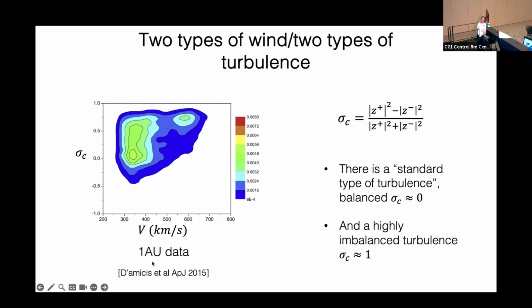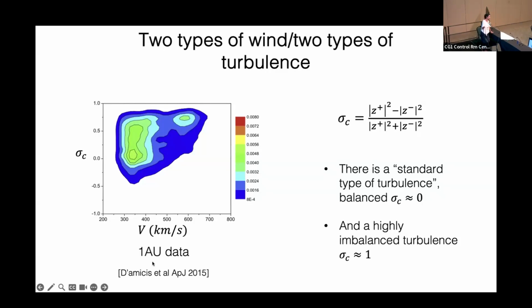This is the distribution of solar wind data points in the parameter space defined by cross-helicity and velocity of the wind. The cross-helicity is defined here as a scalar quantity. We love scalar quantities that measure the imbalance of Z plus and Z minus. What's coming to light is that there are two types of slow wind.